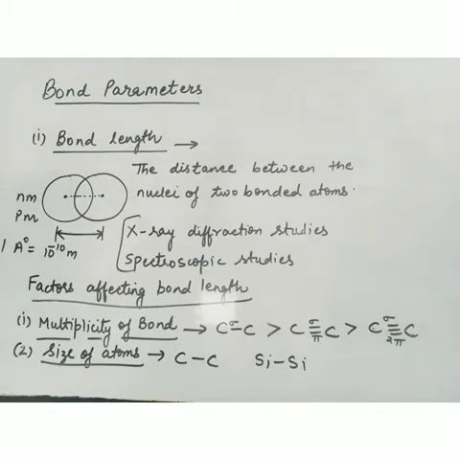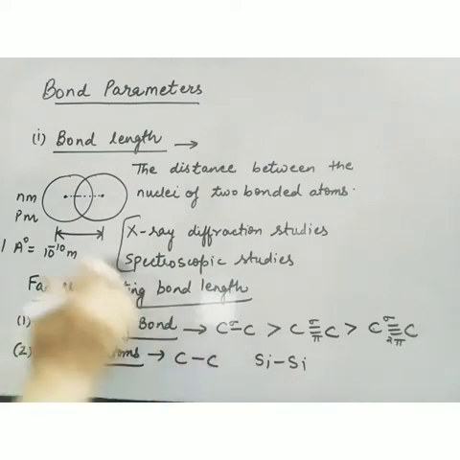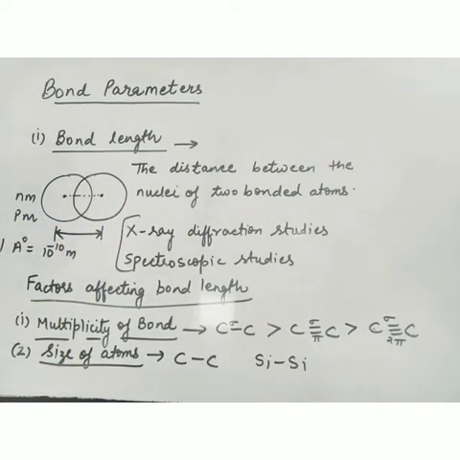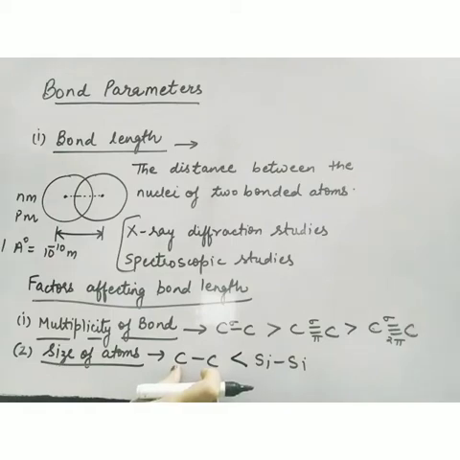Now silicon is bigger than carbon. Silicon lies down in the group. So if silicon is bigger in size, definitely this distance will be more. So this bond length will be shorter and this bond length will be longer. So as the size of atoms increase, your bond length also increases.